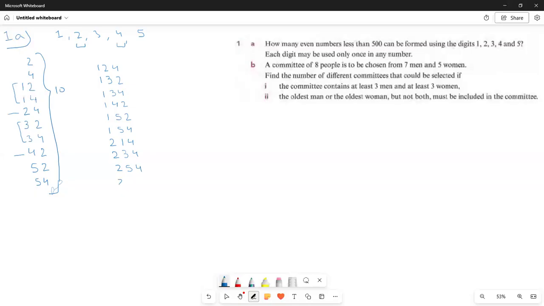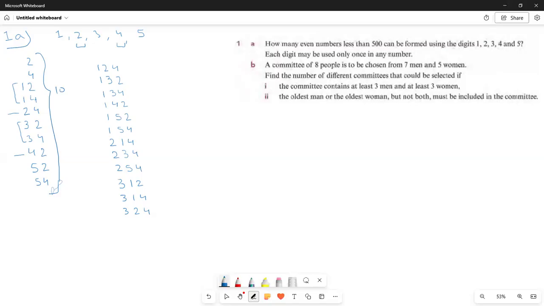Okay, so 2. Now I cannot make more than 5, so I have to change it to 2. So I will make it 3. 3, 1, 2. This is the smallest even number I can write in the 300s. Next would be 3, 1, 4. And now I switch this tens digit to make it 3, 2, and this has to be 4.